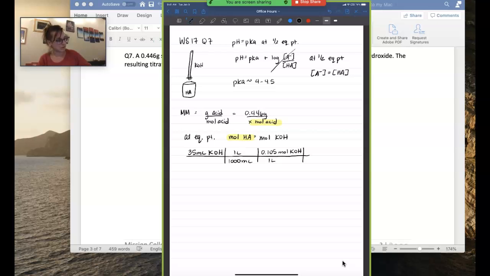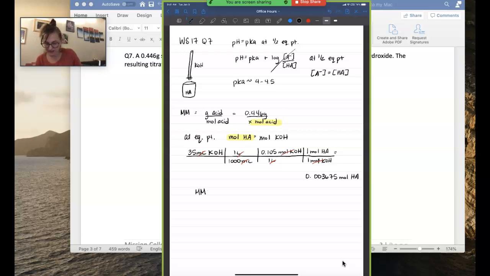And because it's a monoprotic acid, then it's safe to say that we have a 1-to-1 mole ratio between KOH and this unknown monoprotic acid. So we can cancel out milliliters, liters, and moles of KOH, and therefore we would get our answer in moles of the weak acid, which is 0.003675 moles of the weak acid, and now we can plug that in to solve for molar mass.